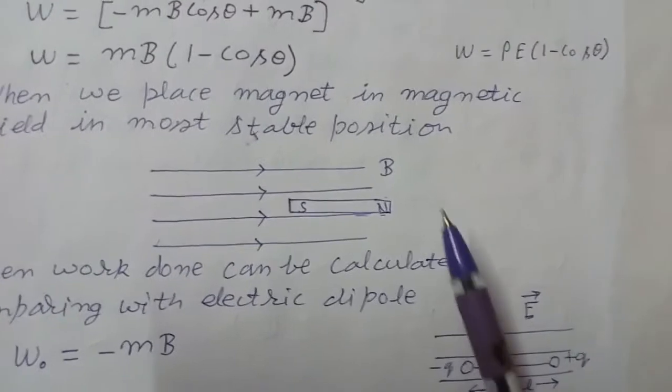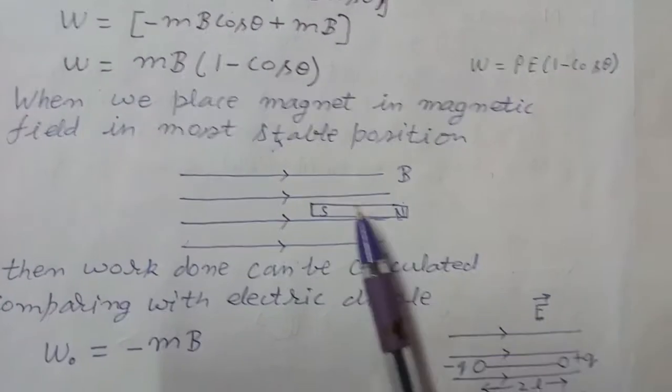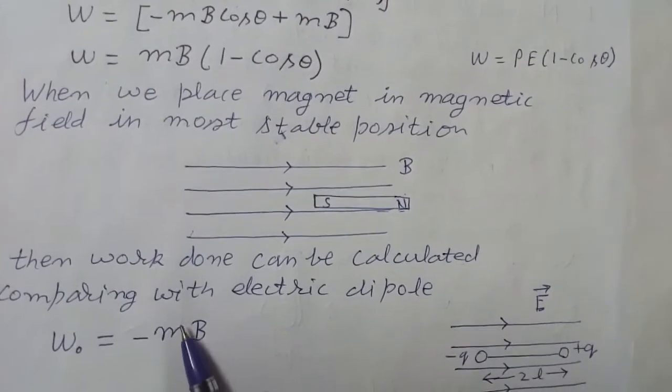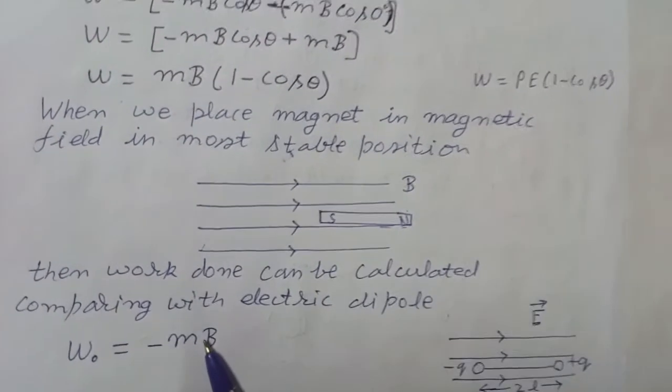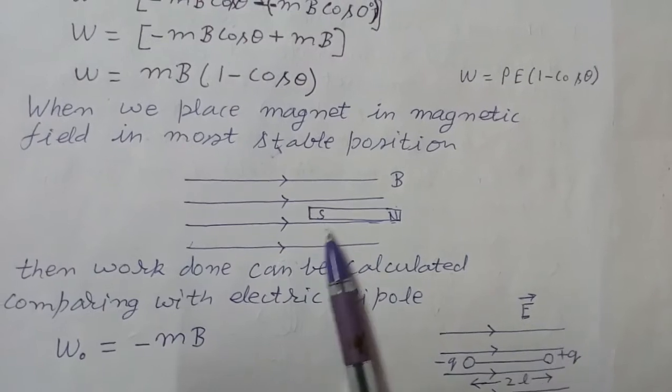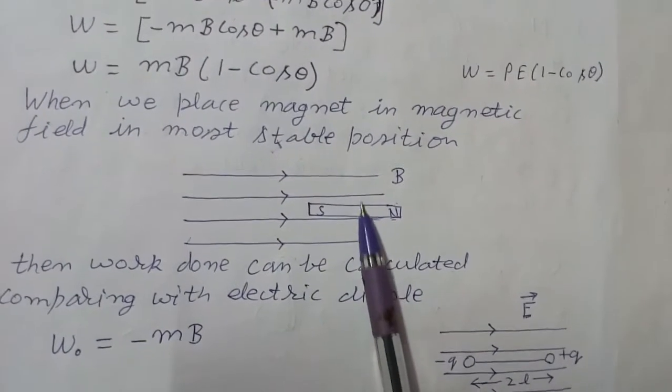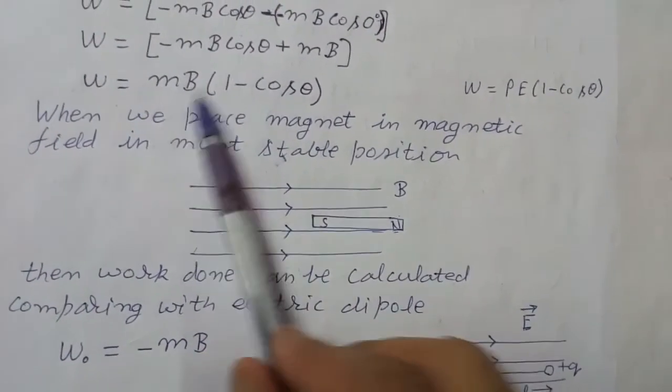Similarly here, first we keep this magnet like this, then work done will be equal to M into B, where M is magnetic moment and B is magnetic field. Now work done in rotating this magnet from this position through angle theta is W is equal to MB into 1 minus cos theta.